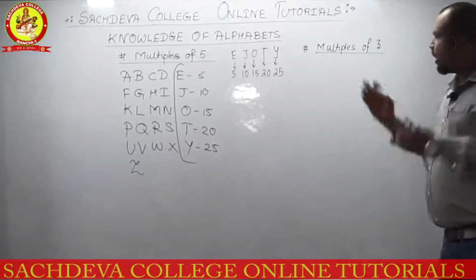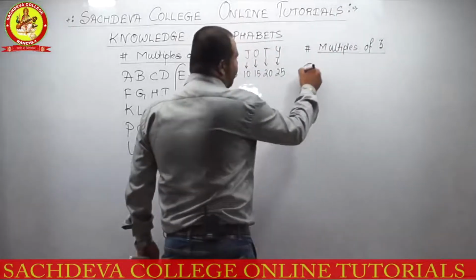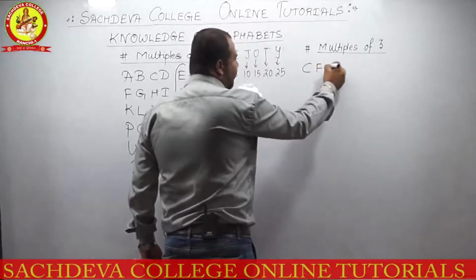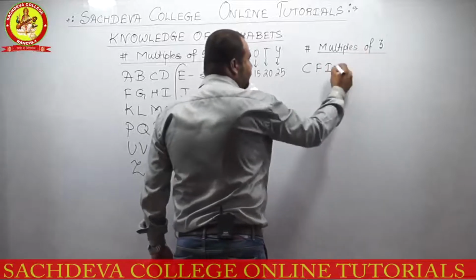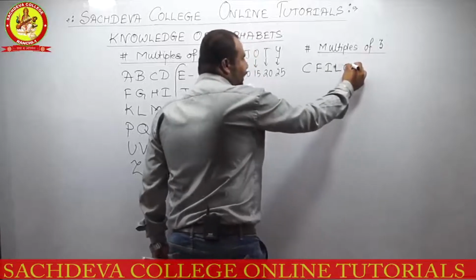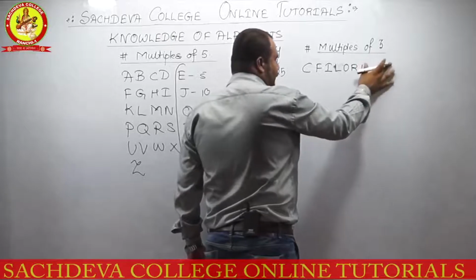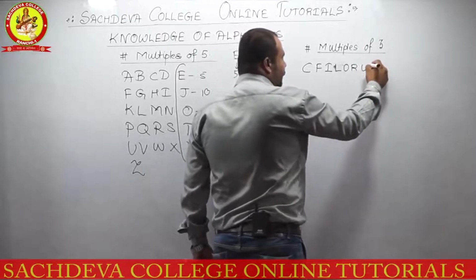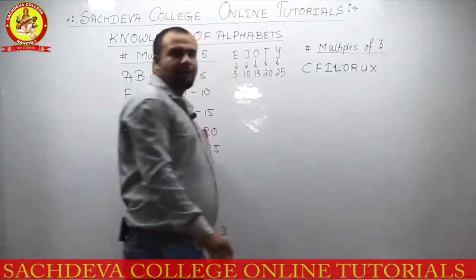When we talk about multiples of 3, we have A, B, C, D, E, F, G, H, I, J, K, L, M, N, O, P, Q, R, S, T, U, W, X. Yes or no?